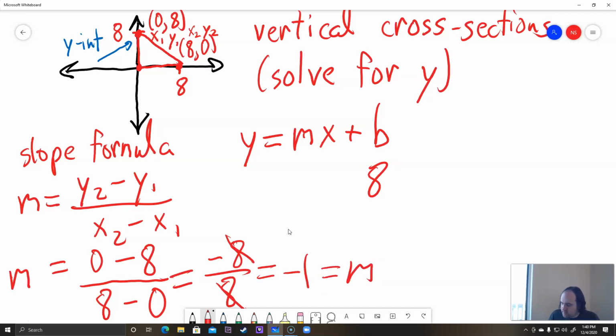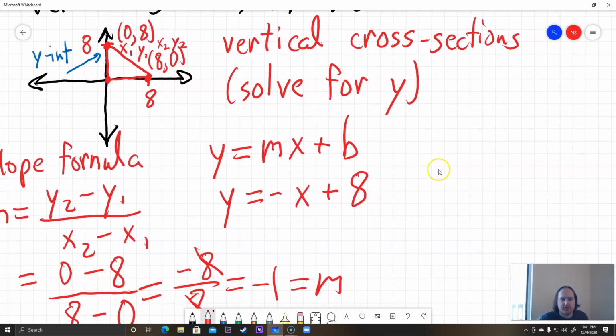Okay, so our slope m equals negative 1. So that means we have the equation of our line: y equals negative 1 times x plus 8. Okay? Alright, so that's going to give us that diagonal line up here.